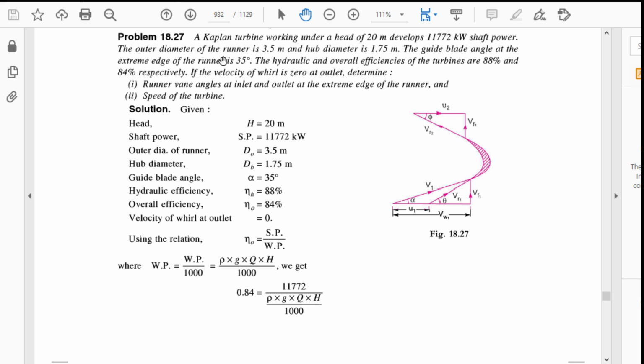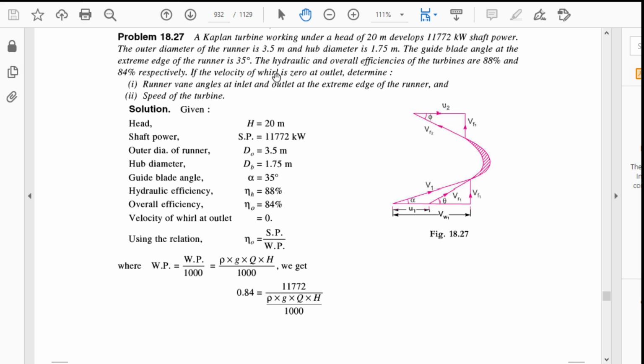The outer diameter of the runner is 3.5 meters and the hub diameter is 1.75 meters. The guide blade angle at the extreme edge of the runner is 35 degrees. The hydraulic and overall efficiencies of the turbine are 88% and 84% respectively.